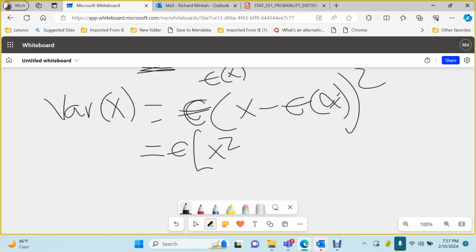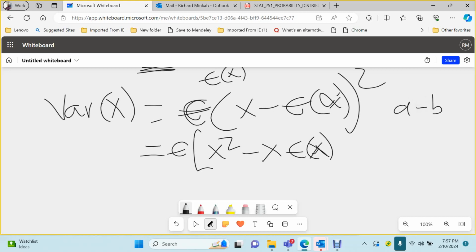I'll get X squared minus X times the expected value of X, and then I have X times the expected value of X, and then I have... okay.